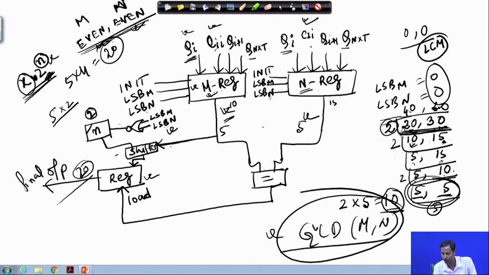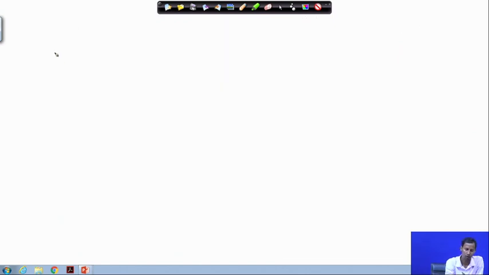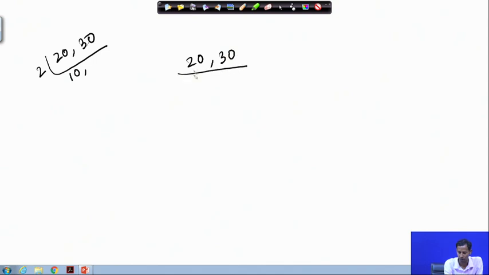Here, if you see in each of these functions, whenever I am getting the LCM, if I consider 20 and 30, that means here it is 10 and 15.